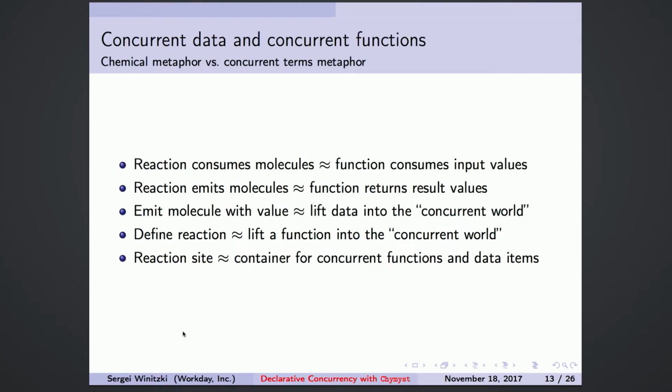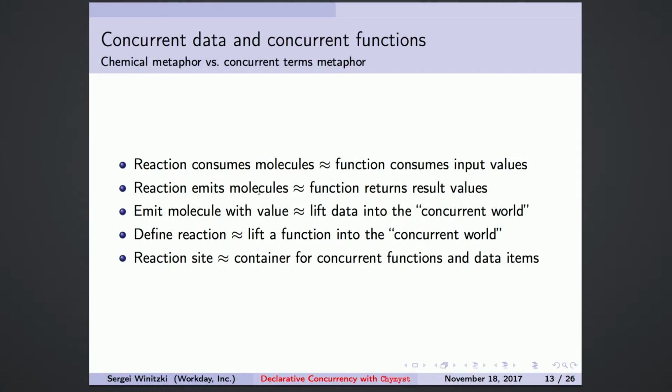Let's connect these two metaphors just very briefly. A reaction consumes molecules in this chemical machine. It's the same as a function consuming input values. So this is how reactions implement concurrent functions. A reaction emits molecules as a result, the same as a function returns a result value.